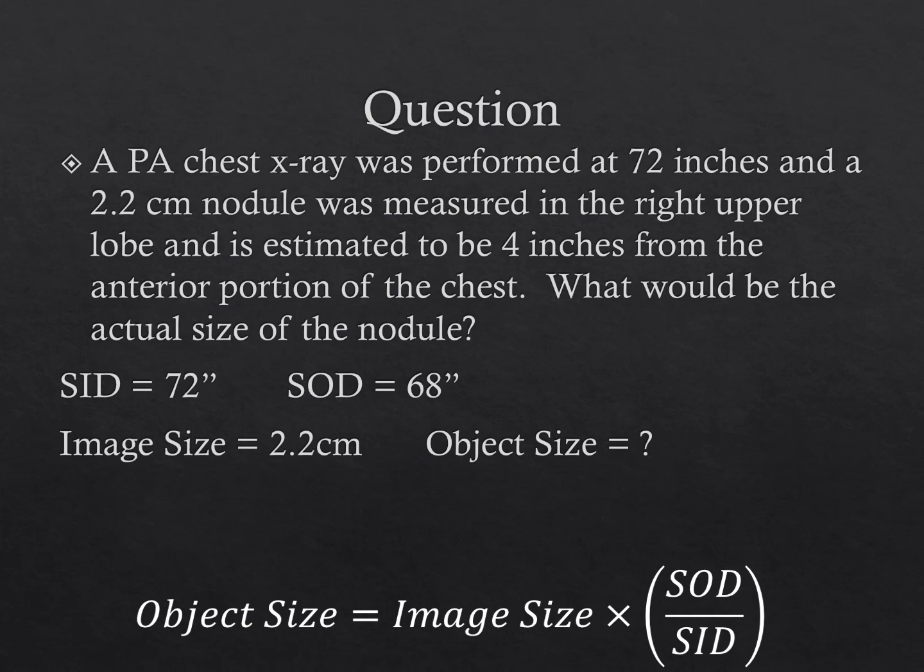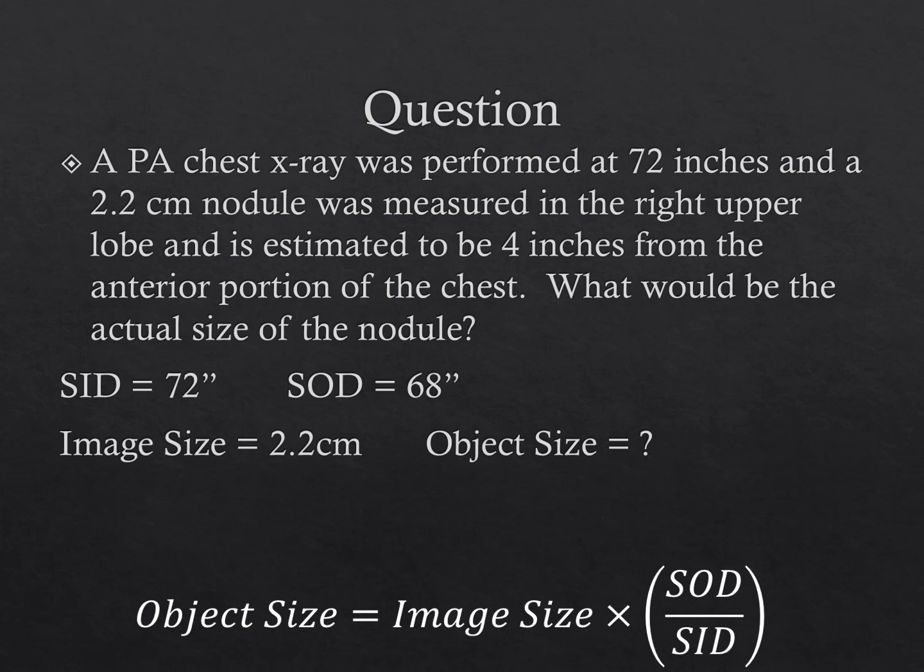Well, in the question it says that the nodule is estimated to be 4 inches from the anterior portion of the chest. So the anterior portion of the chest is directly in contact with my image receptor. So I'm going to say that my OID of that nodule is 4 inches.